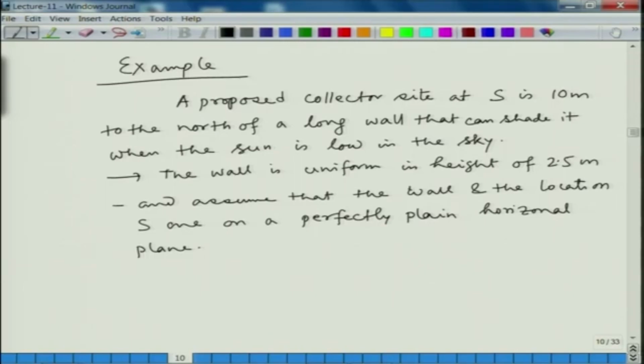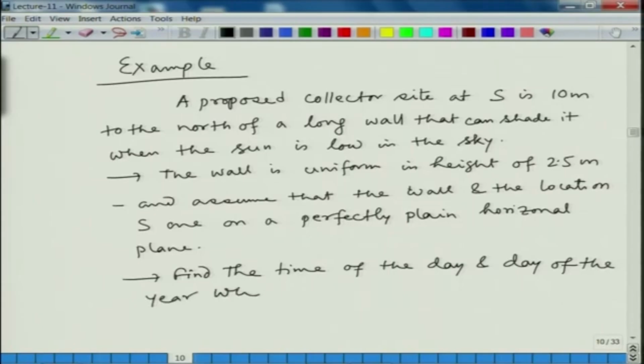Okay. So, what we need to have here is to find the time of the day and day of the year when there might be shading by the wall. Okay. That is the problem statement.